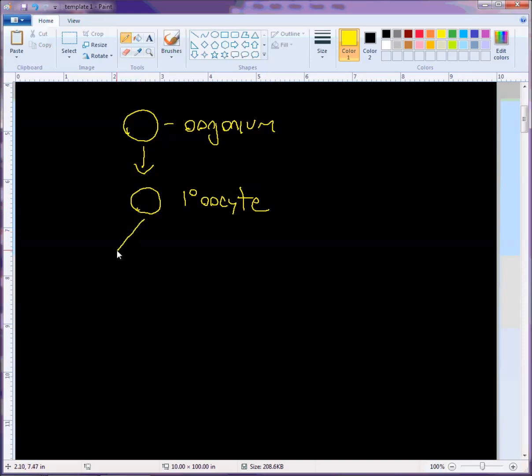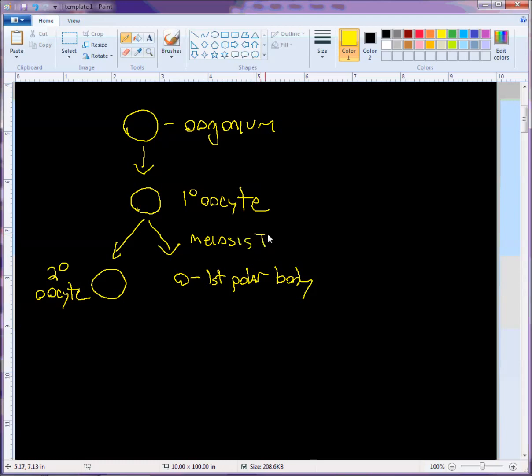This divides by meiosis, meiosis 1, to make the secondary oocyte and the first polar body. And so this is meiosis 1. And the secondary oocyte divides through meiosis 2.